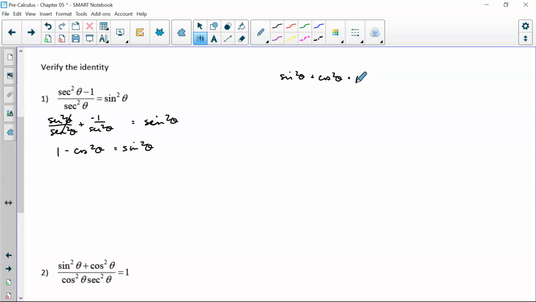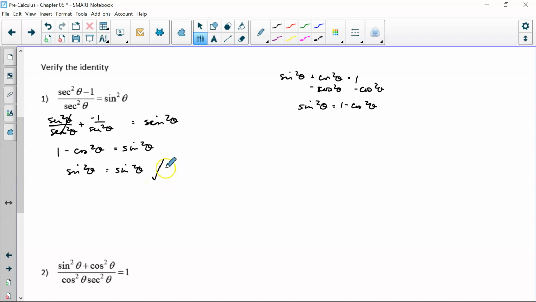Remember, our goal is to get sine by itself. So if I subtract the cosine squared of theta from both sides, I get sine squared theta equals 1 minus the cosine squared theta. So instead of writing 1 minus cosine squared, I can substitute sine squared theta in its place. And there we go, we just verified. We got sine squared theta equals sine squared theta.